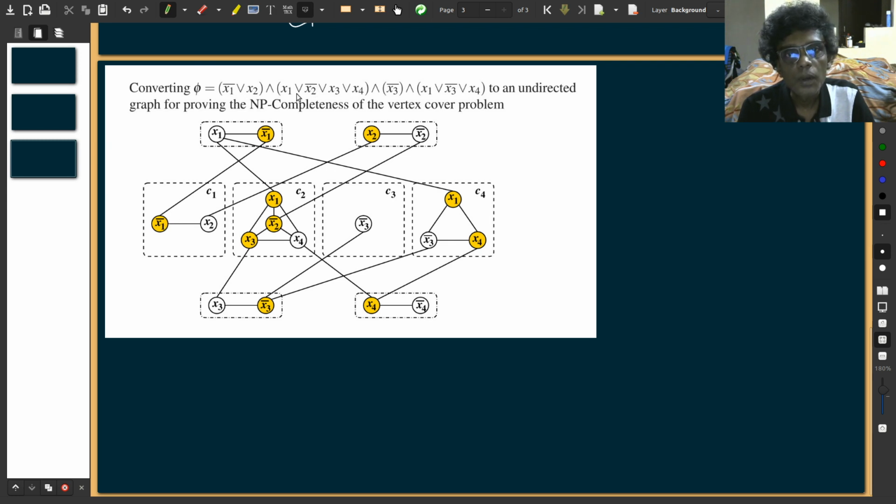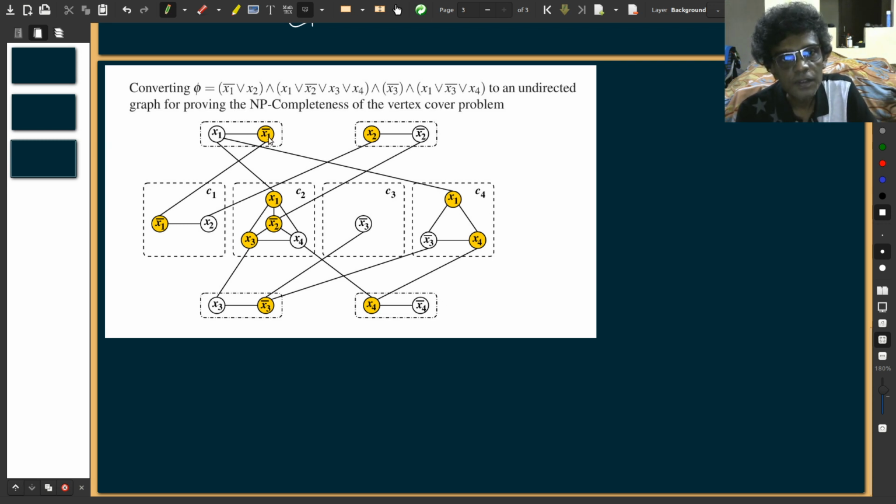There are 4 literals here. Okay, so this is a complete graph on 4 vertices, one complete graph on 1 vertex, and here 3, so a complete graph on 3 vertices. So these are individually the clause gadgets and these are individually the variable gadgets. So now the question is, how do I connect them?